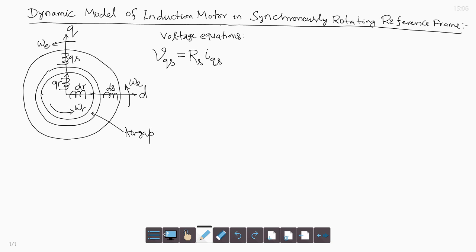In the q axis stator winding, which links with the flux psi qs, the transformer EMF is d psi qs by dt. Psi qs is the q axis stator flux linkage.